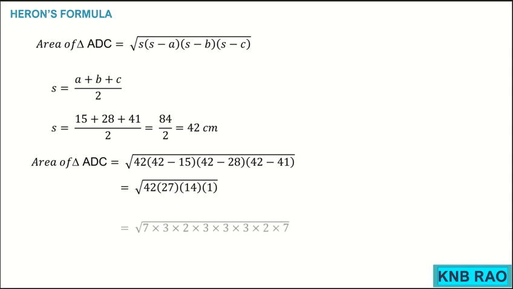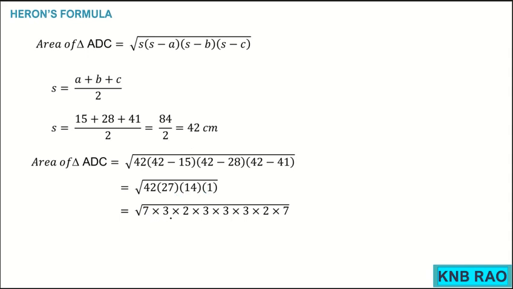See children, I will first make them into prime factorization. From this prime factorization, I will find the square root, as we learnt in class 8th, per pair of prime numbers one will be taken out.